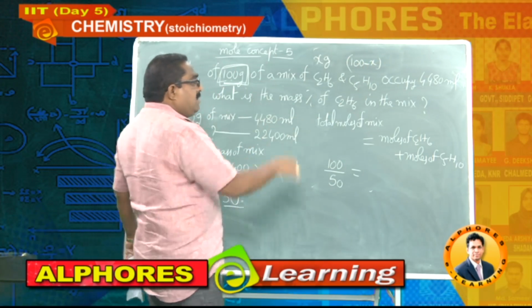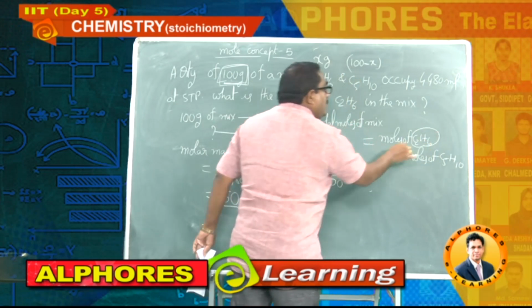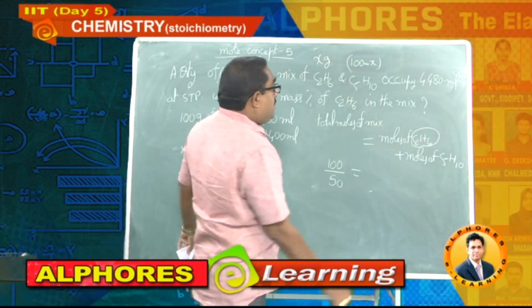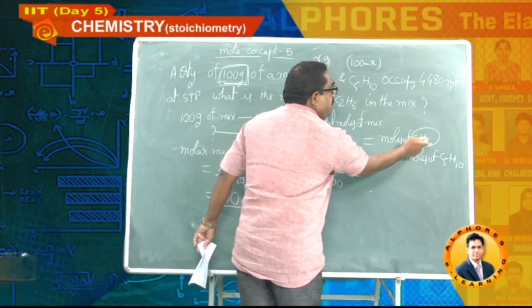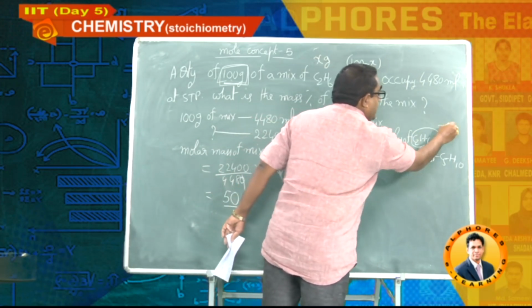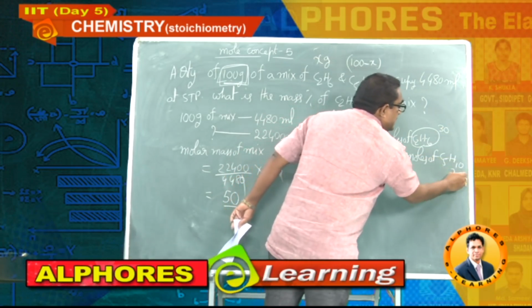Now I am going to calculate the moles. Before calculating the moles, first of all we should know the molar mass. Molar mass of C2H6 is 2 times 12, so 24 plus 6, 30. And for C5H10, 5 times 12, so 60 plus 10, 70.